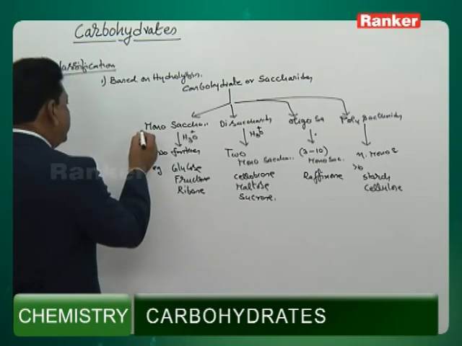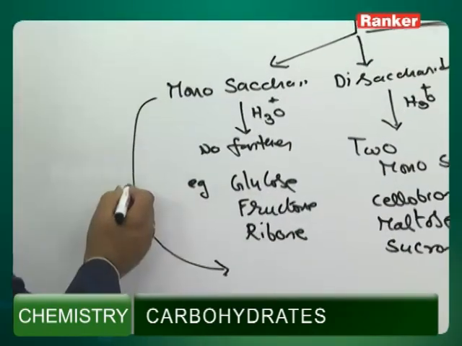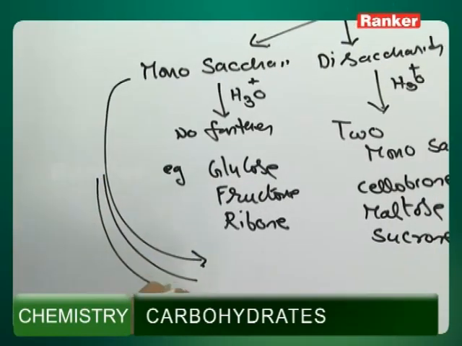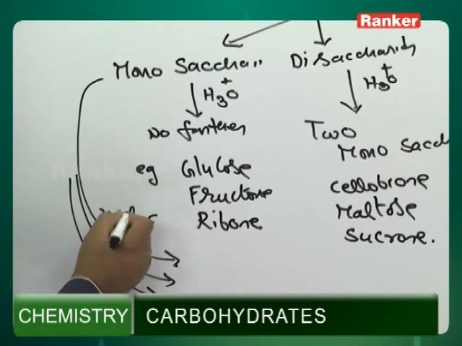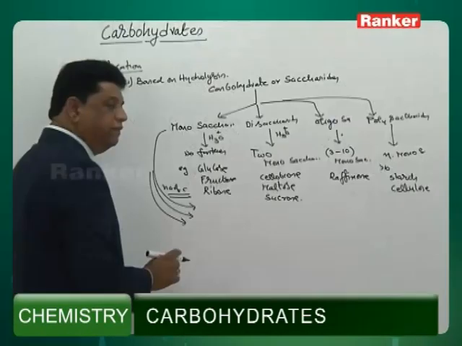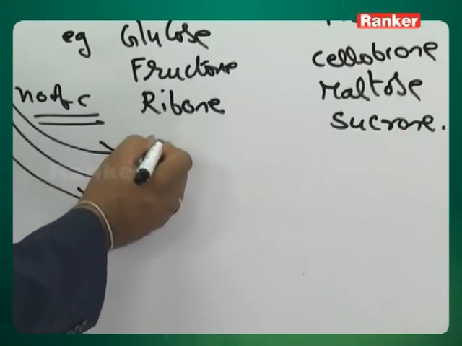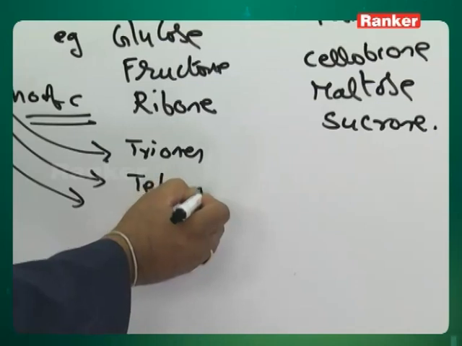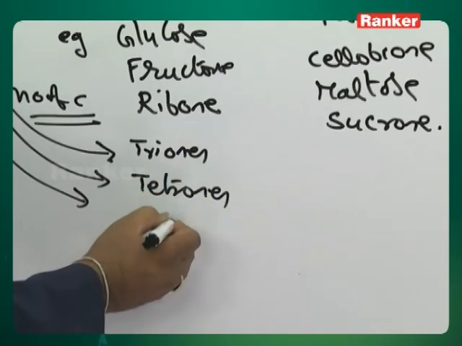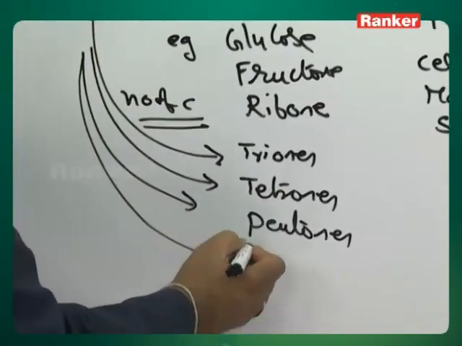The monosaccharides are further classified based on the number of carbons. How many carbons are there? Based on that, the classification goes into trioses, tetroses, pentoses and hexoses.